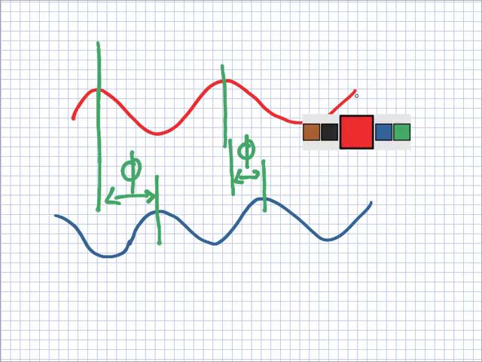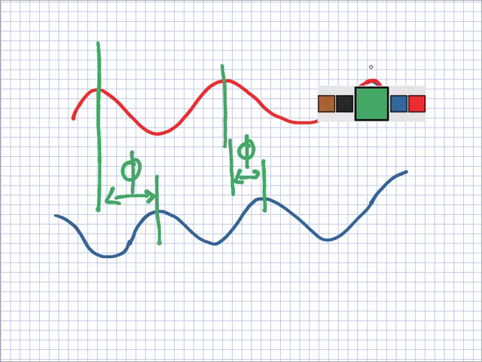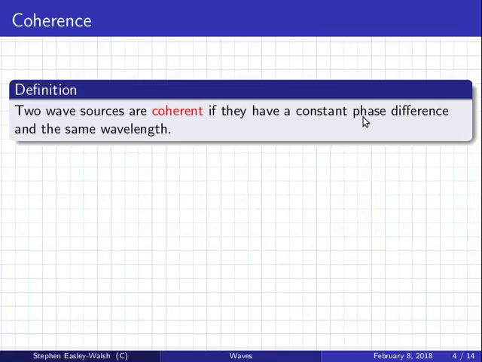You can see in my next picture they're nearly the same now. So there's the peak there, there's the peak there, and there's the phase difference, the difference between the peaks. Coherent means that the phase difference is constant, that it's not changing, that they stay the same distance apart, and also that they have the same wavelength. This is the meaning of coherent.